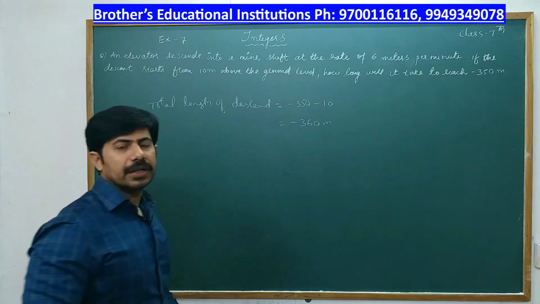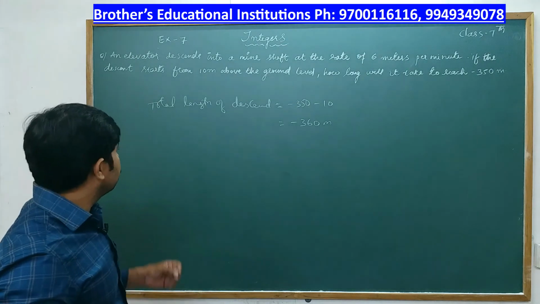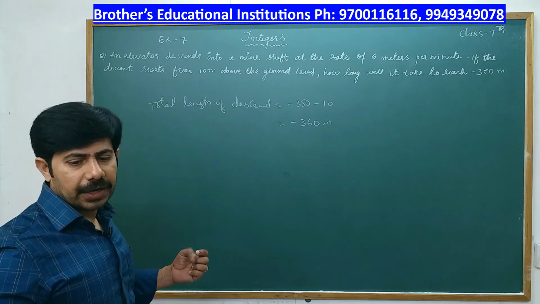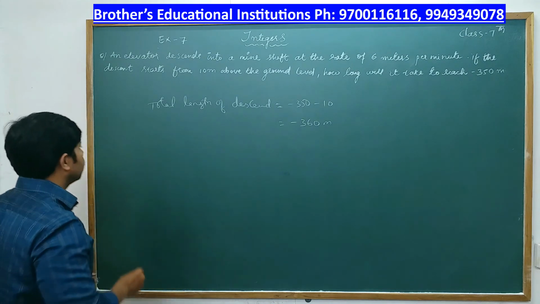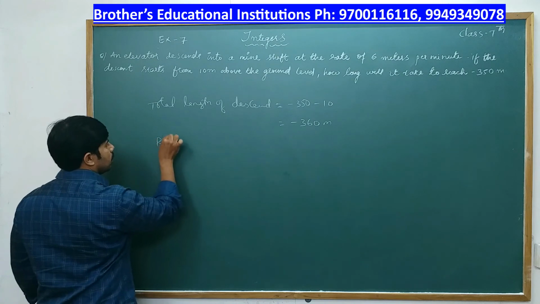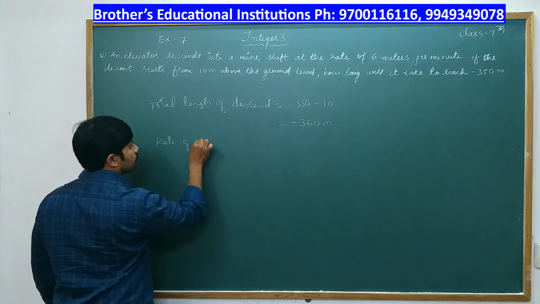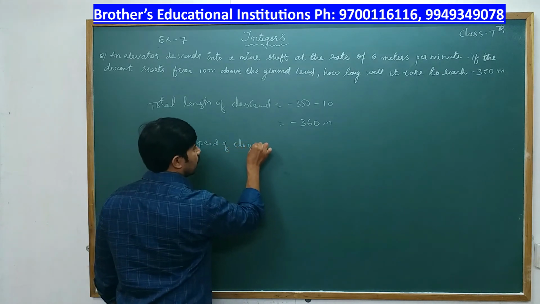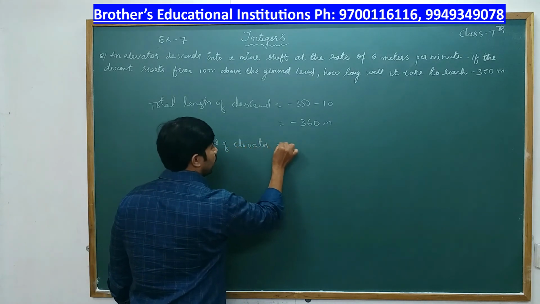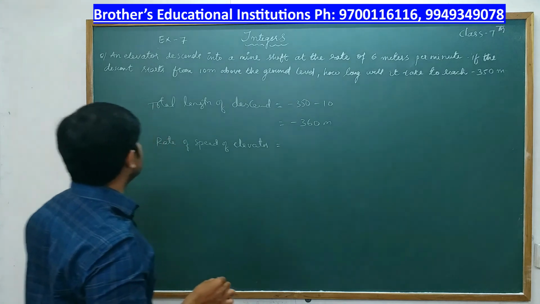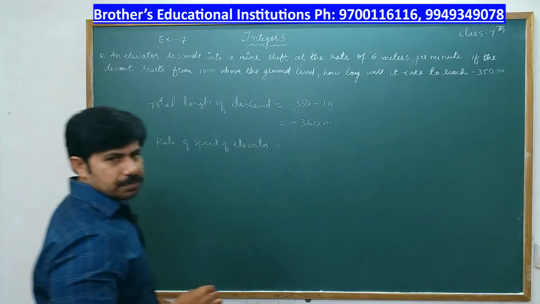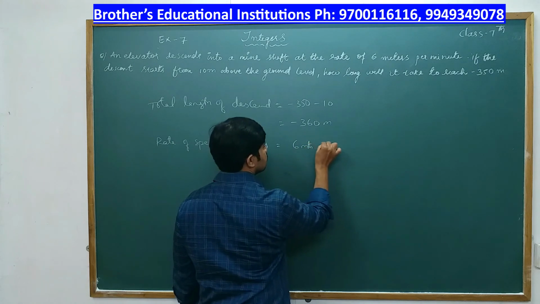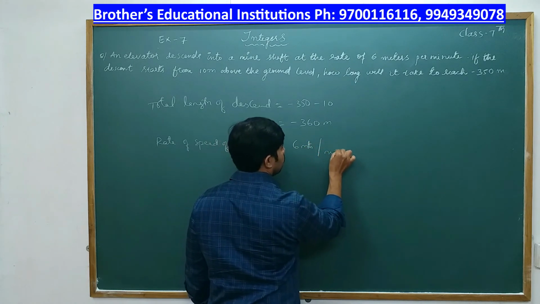Then we write the rate of speed of elevator. The rate of speed of elevator is nothing but 6 meters per minute. It goes 6 meters per minute.